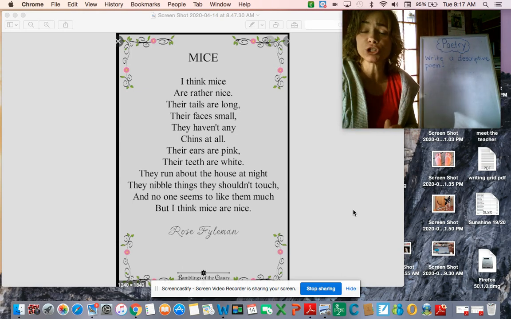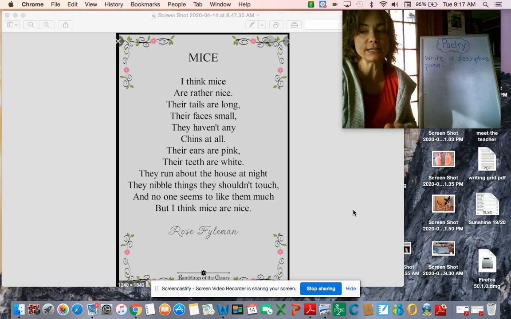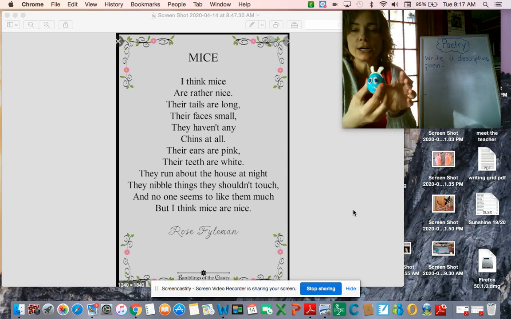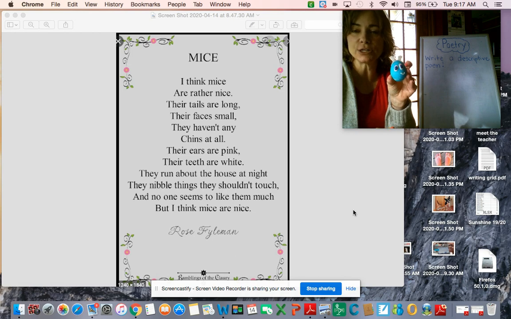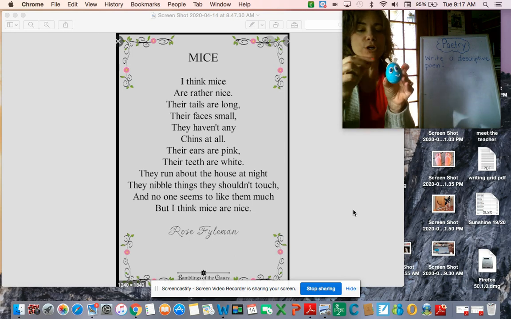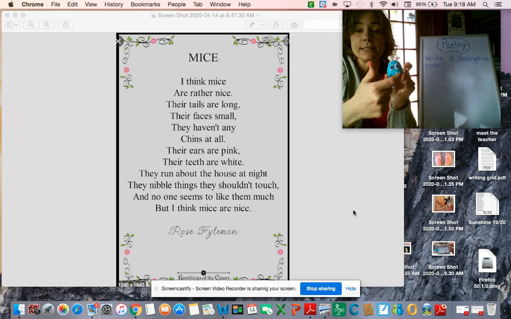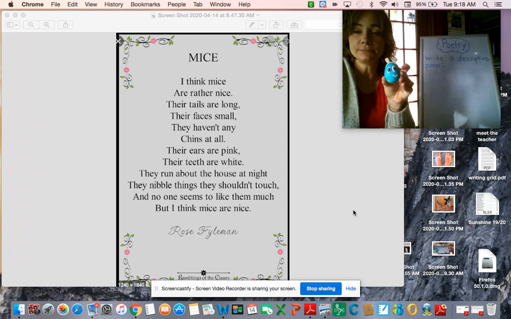I'm going to show you something. Some of you have seen this, but my daughter made this little egg. So if I am going to use some descriptive words, I would say my daughter's egg is blue. It is in the shape of an oval.